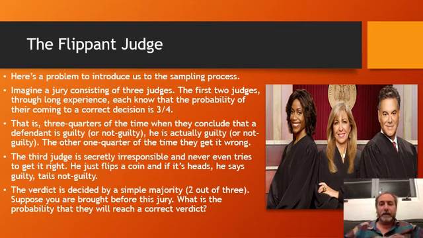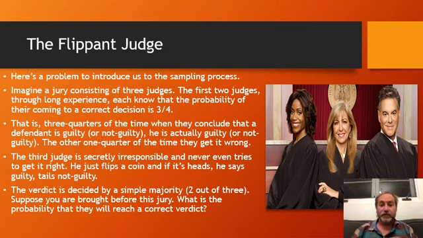Okay, so here's a little problem to introduce us to the sampling process and to use some of the techniques that we've just learned. Imagine a jury consisting of three judges. The first two judges have been around a while and have looked back at their past performance, and they know that the probability of their coming to a correct decision in any given case is 3 out of 4.